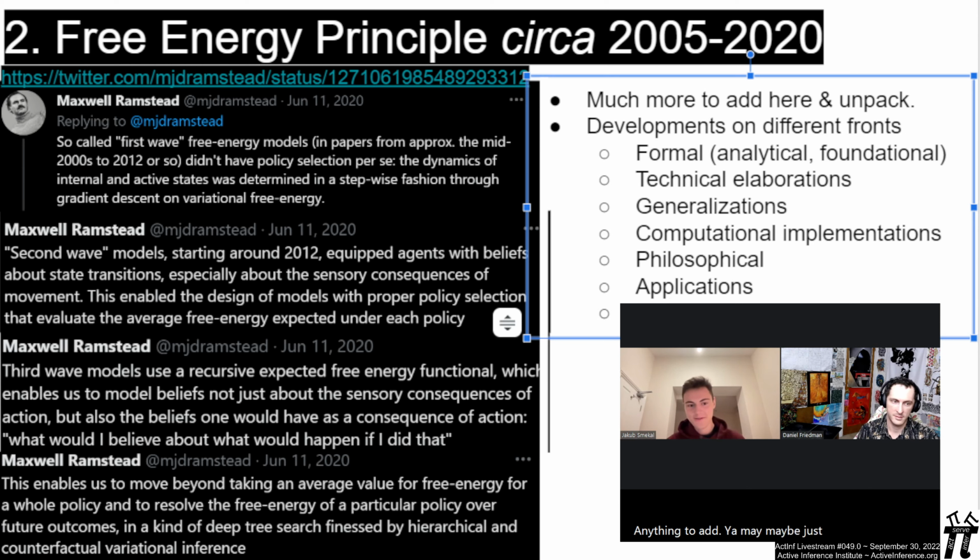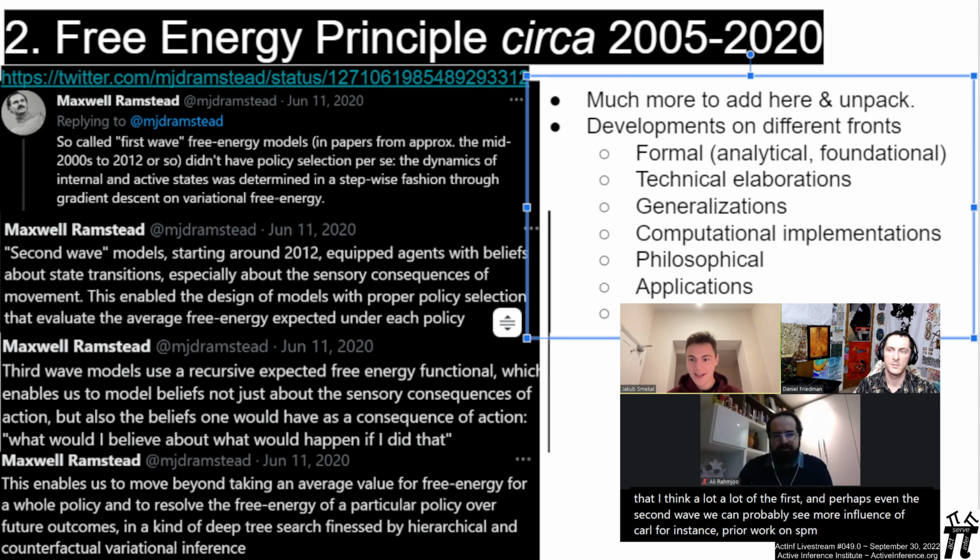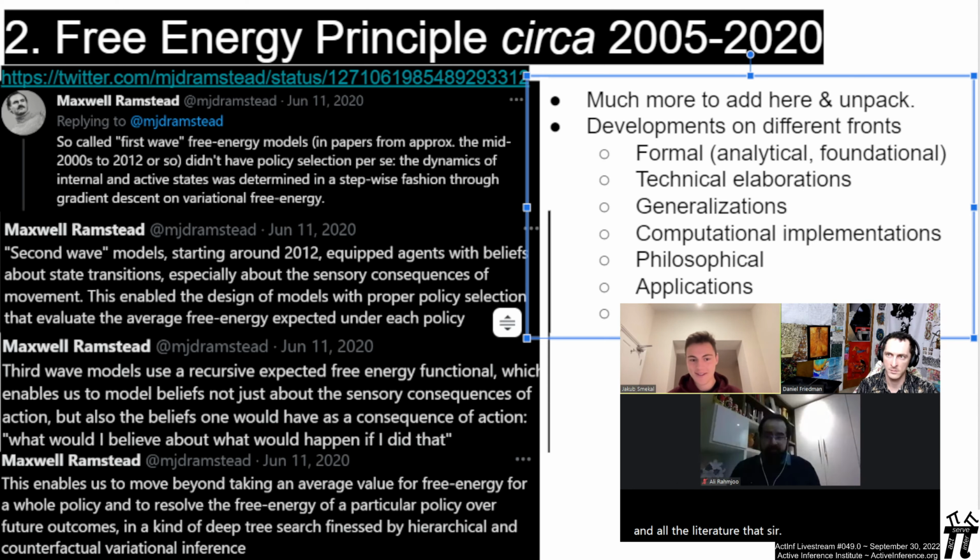Maybe just a short comment that I think a lot of the first and perhaps even the second wave, we can probably see more influence of Carl Friston's prior work on SPM, and all the literature that surrounds it.